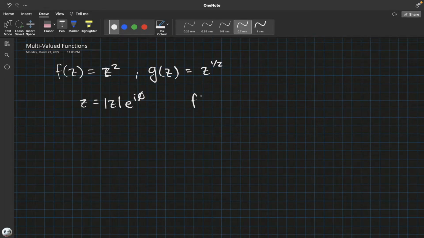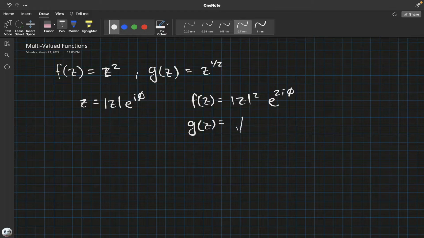So notice what happens to f of z. That's just magnitude of z squared, and notice what happens to the phase. You have to multiply, if you substitute this in, by a factor of 2. And g of z is the square root of magnitude z, e to the i phi divided by 2. So I have to divide this phase by 2.